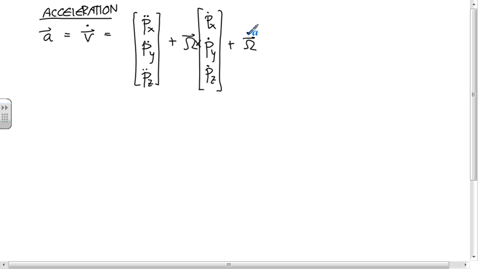You can think of that as like the angular acceleration of the coordinate system relative to a non-rotating coordinate system.